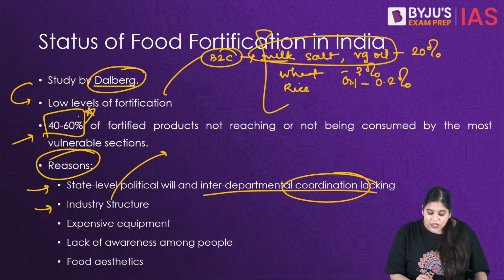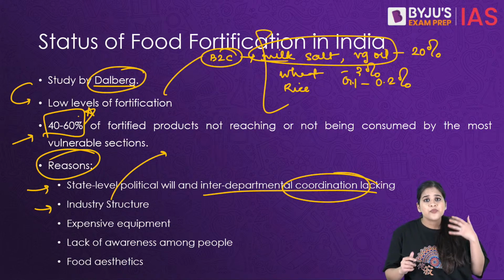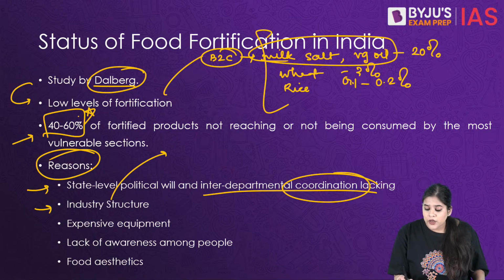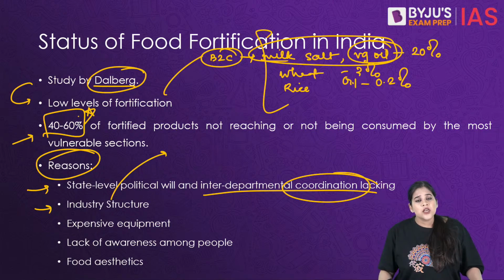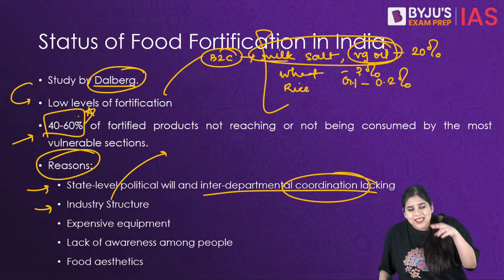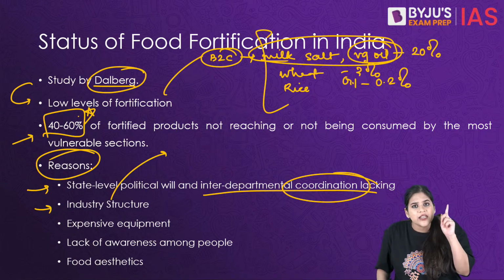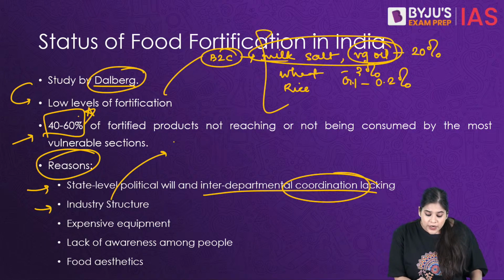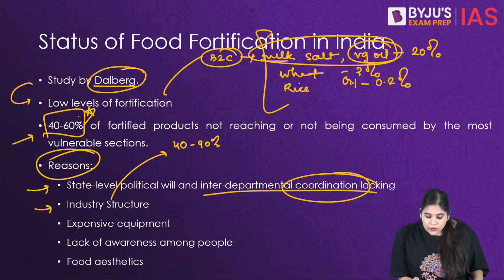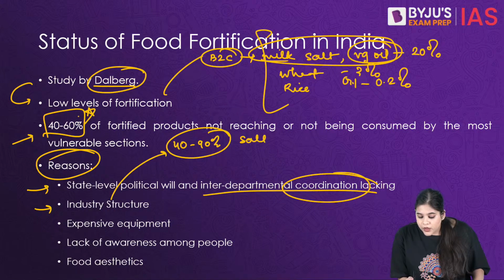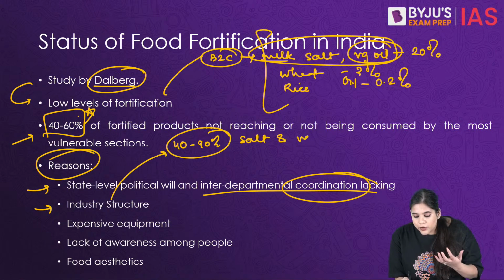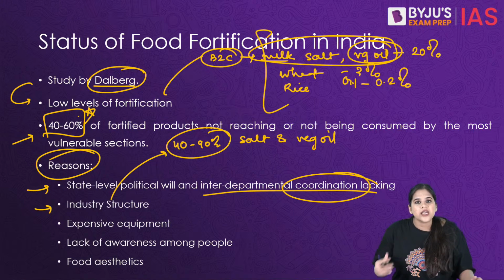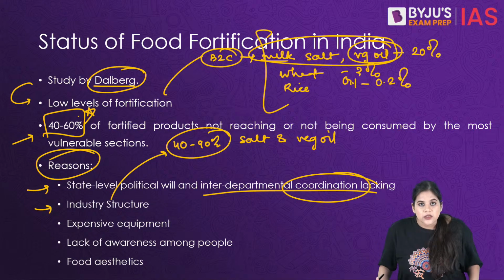Now in industries that are producing fortified salt or fortified vegetable oils, because they have been in existence since 1950s, 40 to 90% of salt and vegetable oil comes from the organized sector, from the big players.